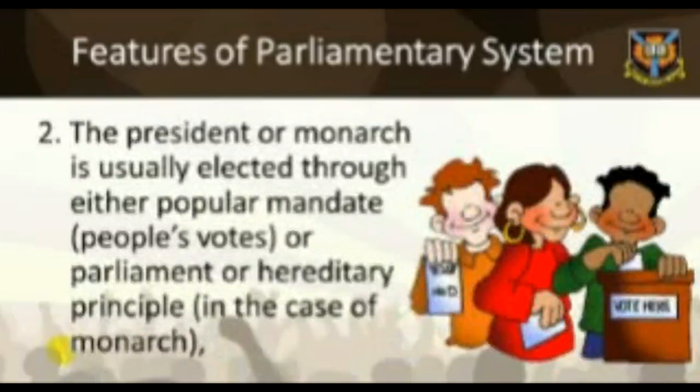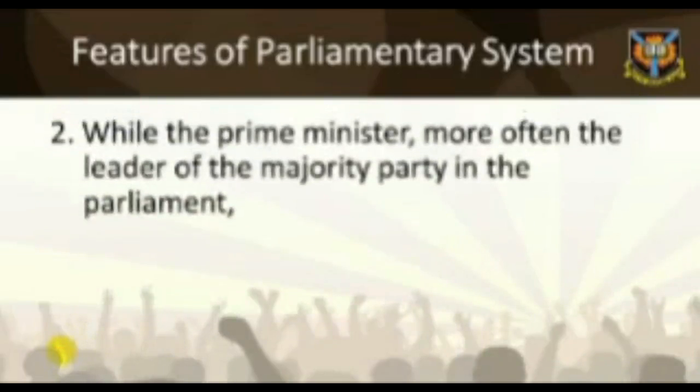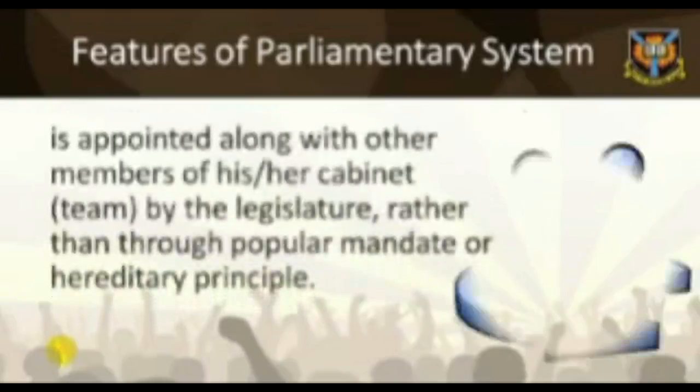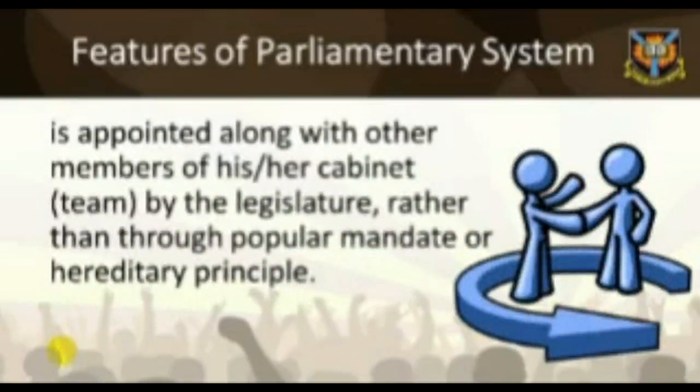The president or monarch is usually elected through either popular mandate, that is, people's votes, or parliament, or hereditary principle, that is, in the case of a monarch, while the prime minister, more often the leader of the majority party in the parliament, is appointed along with other members of his or her cabinet, that is, team, by the legislature, rather than through popular mandate or hereditary principle.